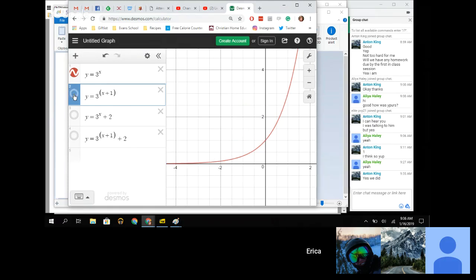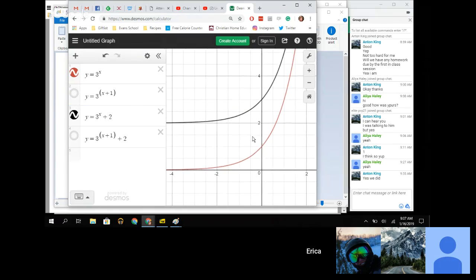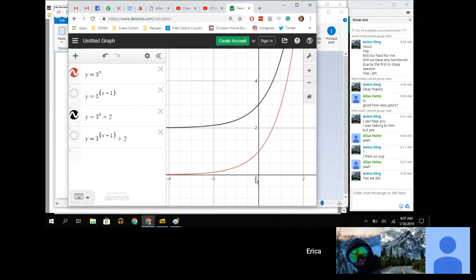All right, let's look at the other thing isolated. So what if we take our original equation and we add 2 outside the function? Inside the function shifts left to right. Outside the function shifts up and down. So what this does is it actually shifts your whole exponential function up 2 units.